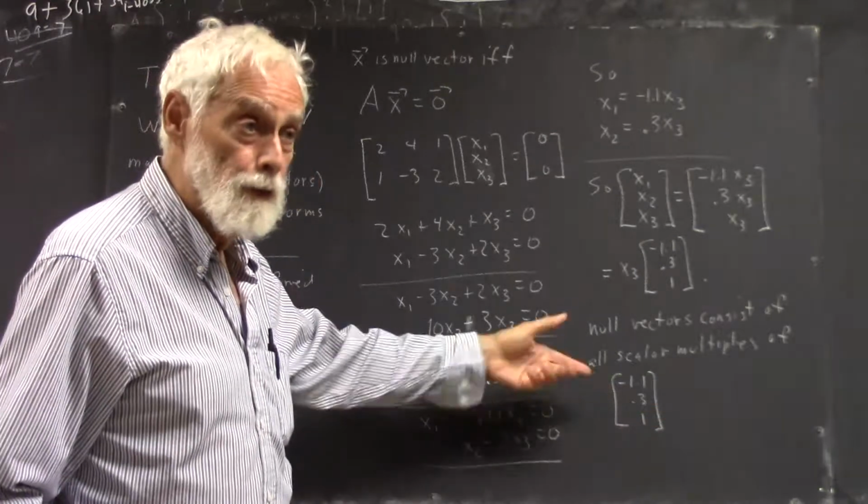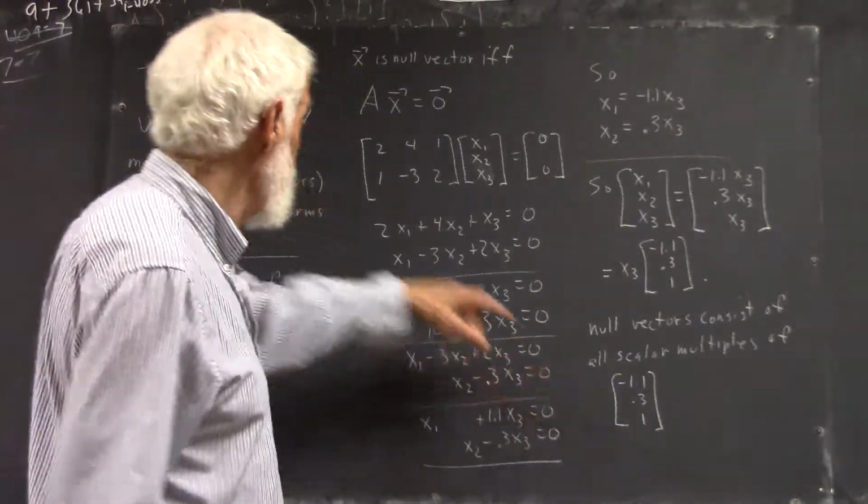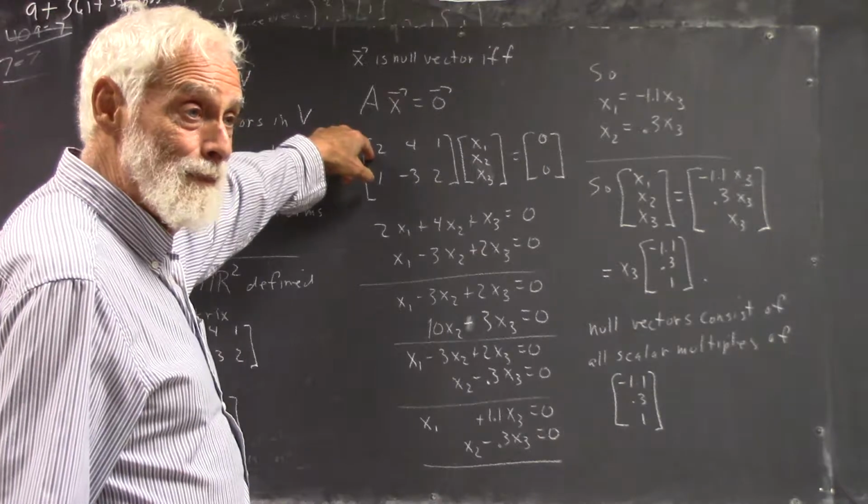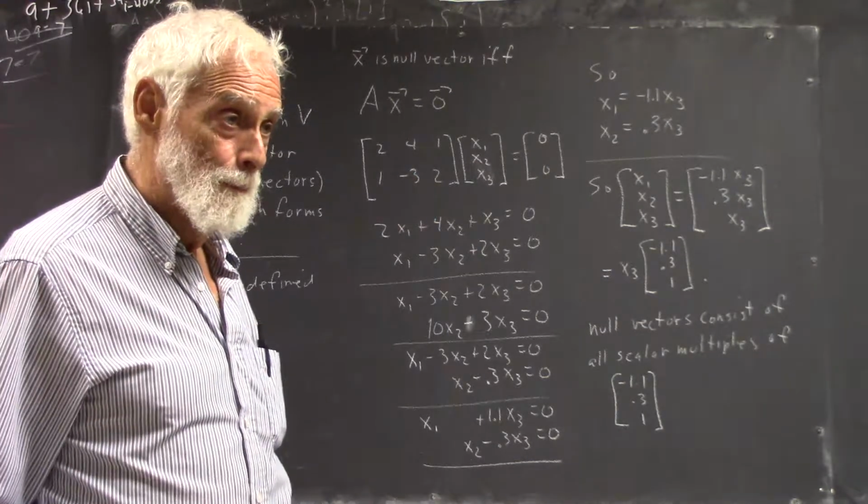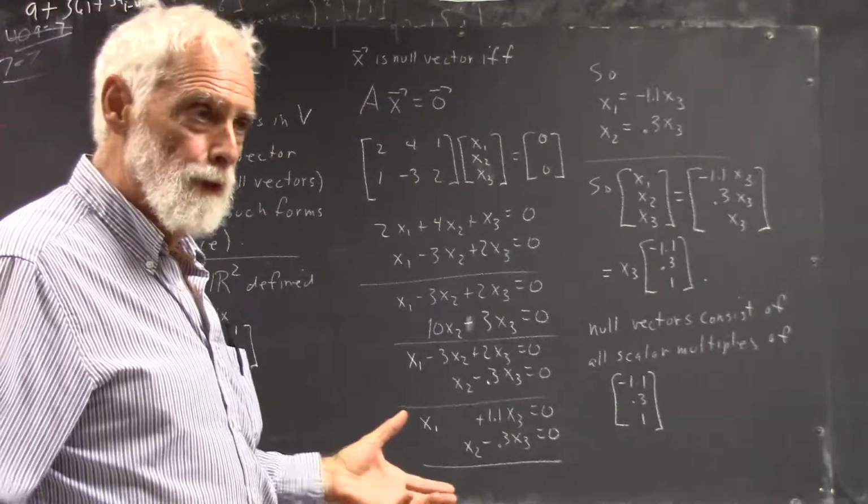And you can check that out. You can check if I did it right. Just multiply this vector by this matrix and see if it works. Of course, it could be any multiple of this vector, right?